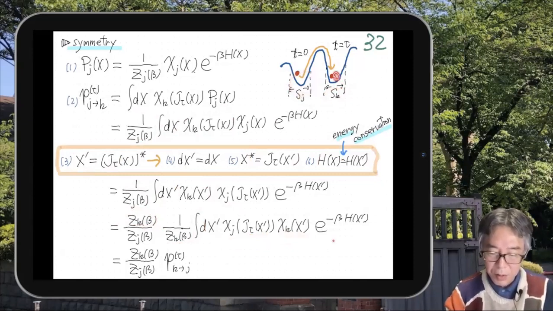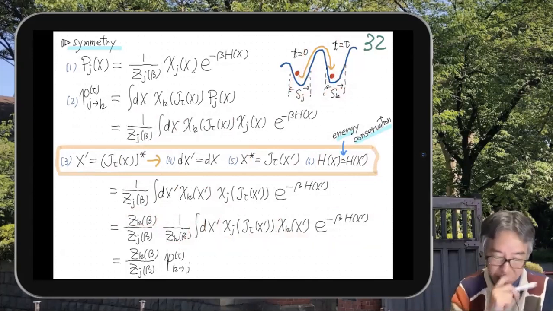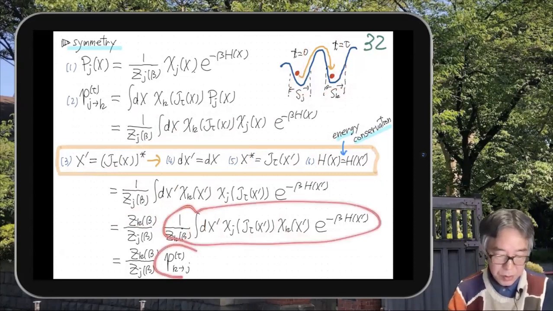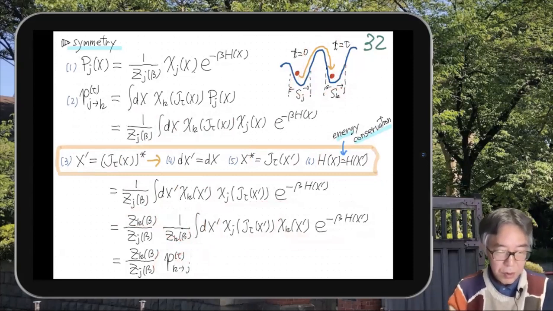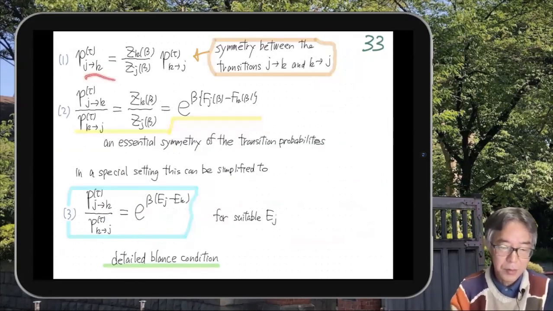So we are going from here to here. And here's the normalization. So we do have the restricted canonical distribution here. So this becomes exactly the transition probability from k to j within time tau.